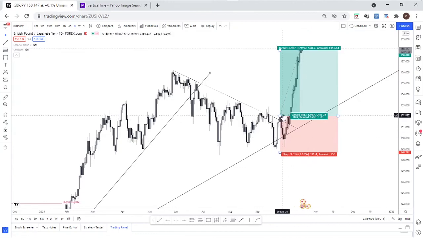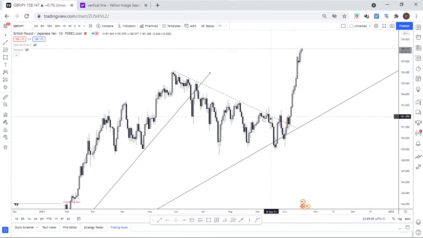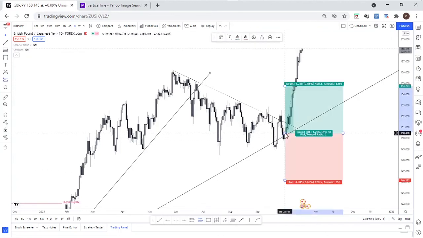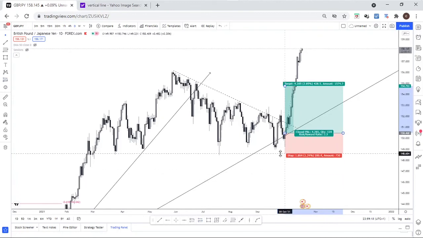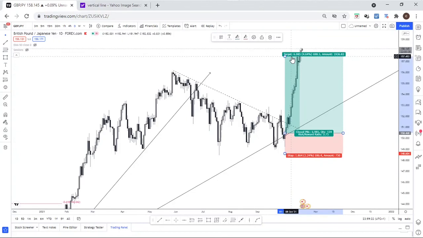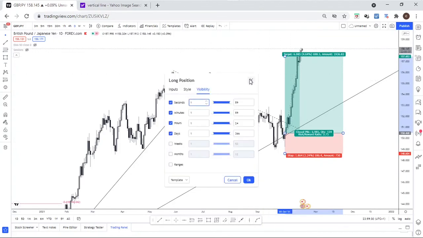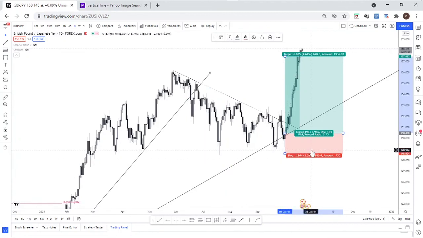In this case, once it broke it, it was rejecting from this resistance that is here. So for some traders, at this retest, at this rejection, they are going to take their trade here, then put their stop loss below structure.